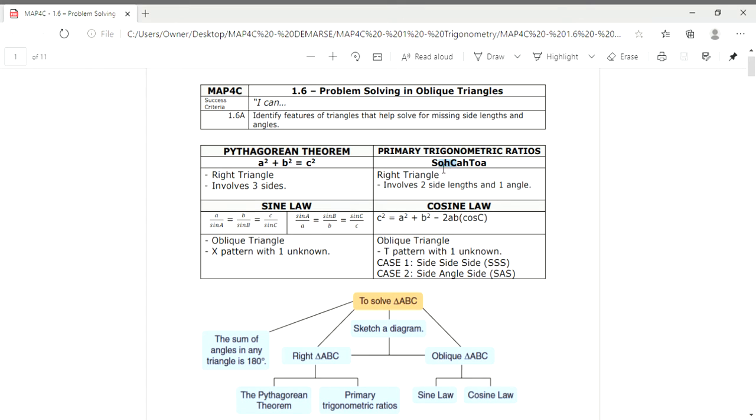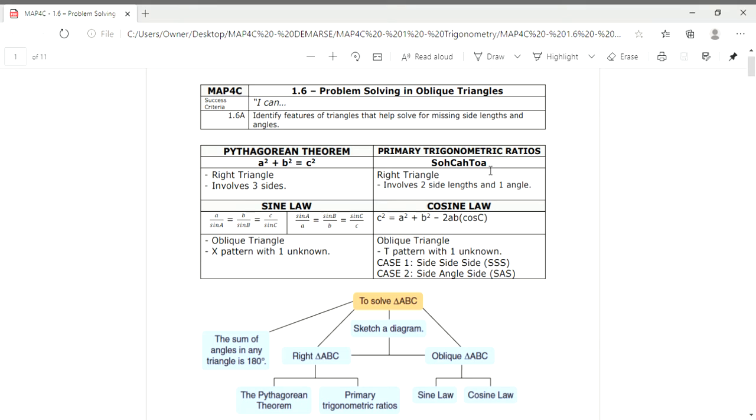So SOHCAHTOA can help us remember that the formula for sine of an angle theta is equal to opposite over hypotenuse. Cos of an angle theta is equal to adjacent side over hypotenuse. And tan of theta is equal to the opposite side over the adjacent side.